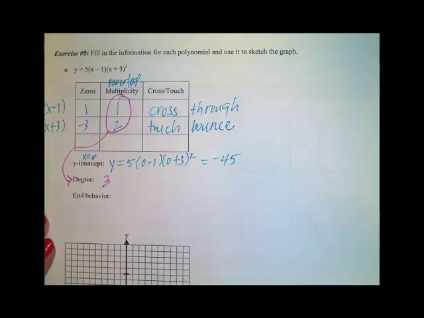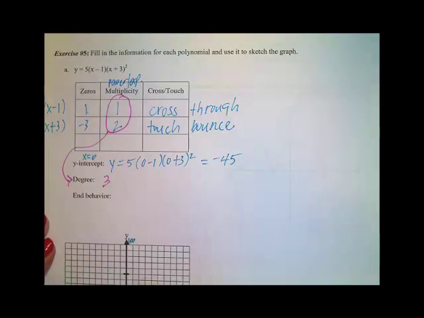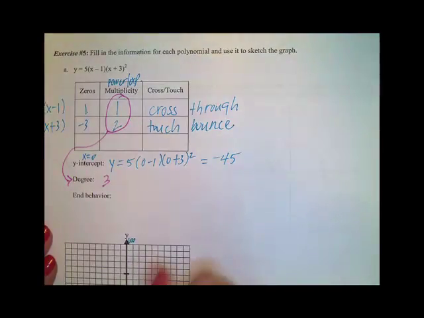So I'm going to call this negative 50, negative 100, positive 100. So negative 45 is right around in here. So it goes something like this.